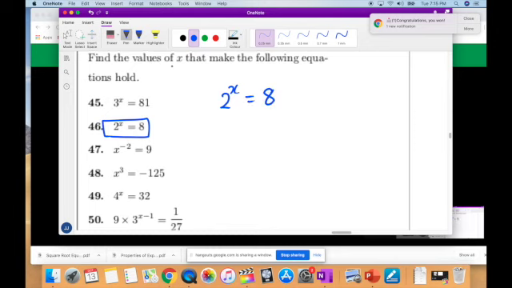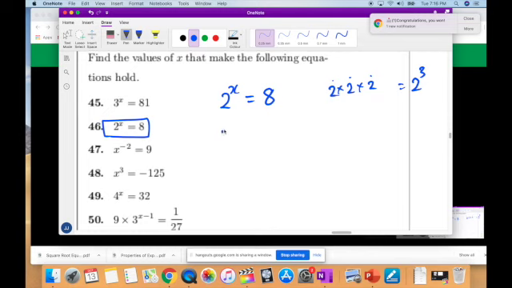And you have to find x, so you have to solve for x, right? So what I'm going to do is I'm going to express 8 as a base of 2, right? So what is 8? 8 is really 2 times 2 is 4 times 2. 2 2s are 4, 4 2s are 8. So 8 is really 2 cubed, isn't it?